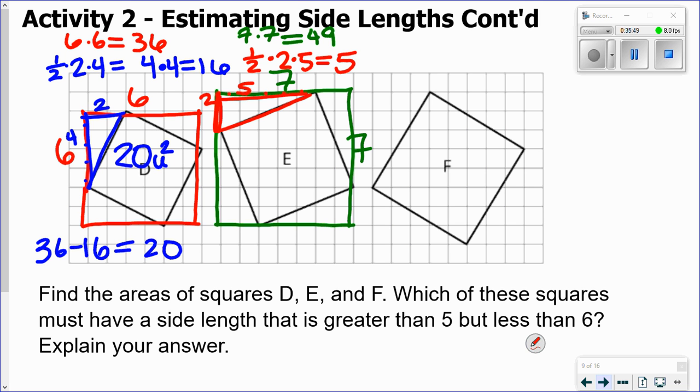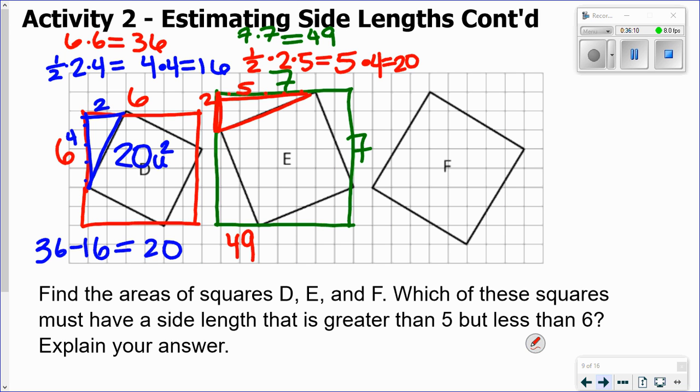And again, I need to remember there are 4 of these triangles surrounding square E, so I have to multiply this by 4 to get an area of 20 square units for our missing negative space that we need to take away from the 49 square units.